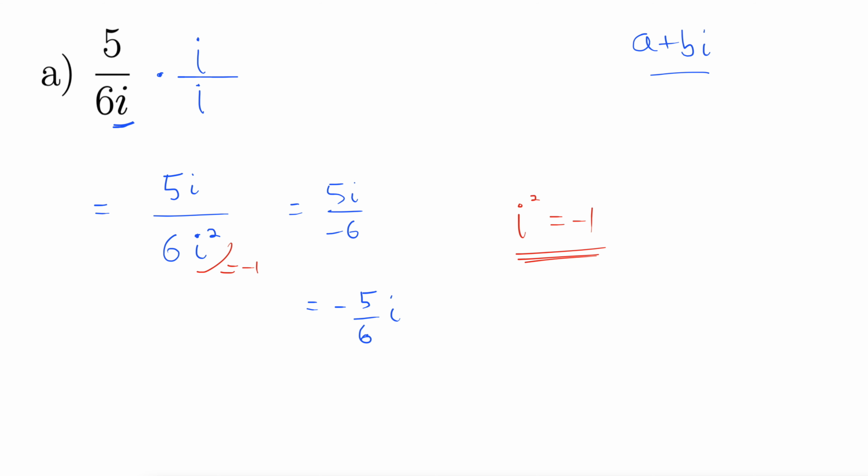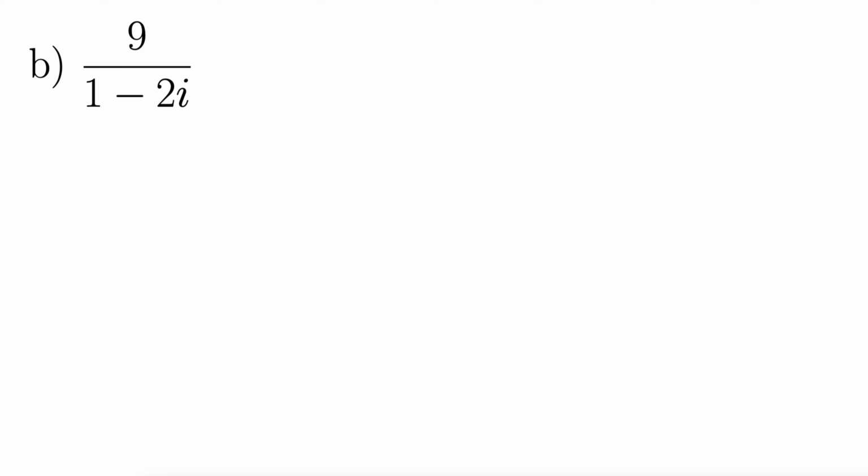All right. So that's kind of an introduction. Let's try one that's a little more complicated. Here we have 9 divided by 1 minus 2i. And this is a standard kind of problem where you're dividing by a complex number of the form a plus bi. When you have this, you need something called the conjugate.